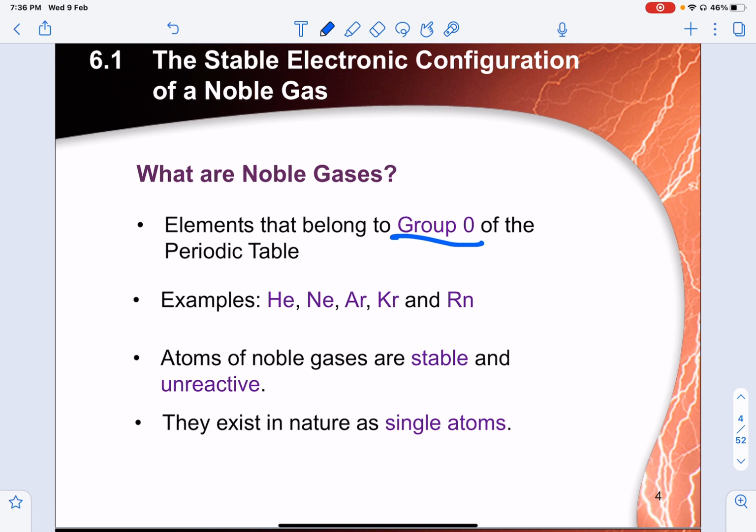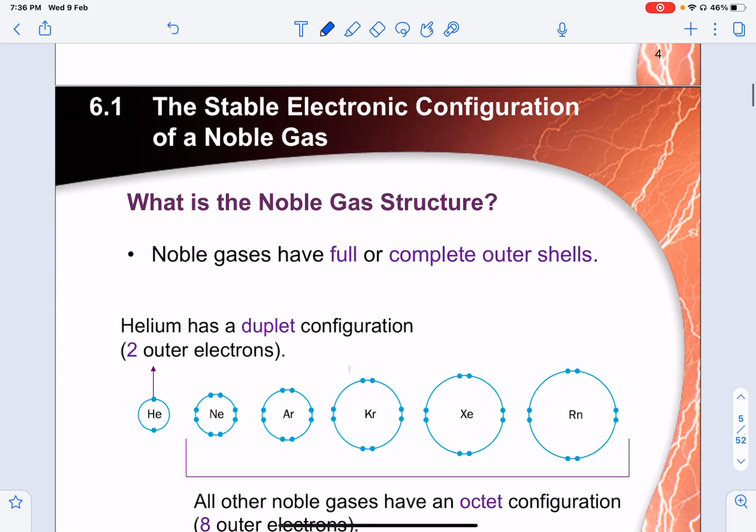Atoms of the noble gases tend to be stable and unreactive. In exams or in books, you'll see the word inert. Inert has the same meaning as stable and unreactive. And because they are stable and unreactive, they tend to exist as single atoms, as they do not require any additional electrons, neither do they need to donate any electrons to fulfill the stable state configuration.